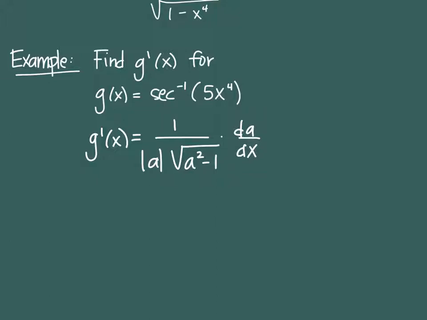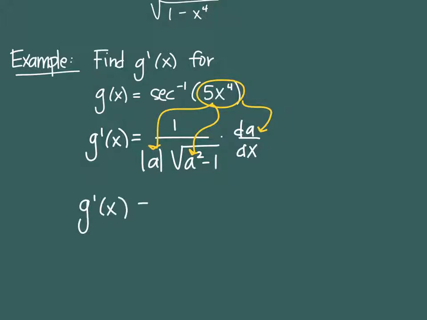And then you're going to want to drop a, which is what in this case? Okay, 5x to the 4th. That a is going to get dropped in here, here, and then the chain rule is going to drop me right there. So that 5x to the 4th will take its place.